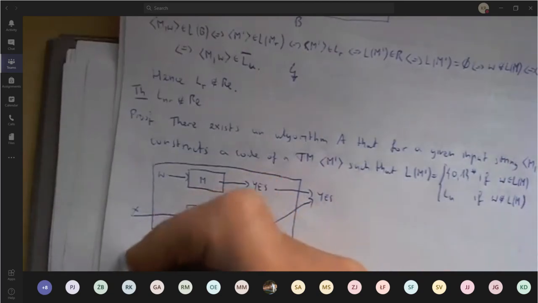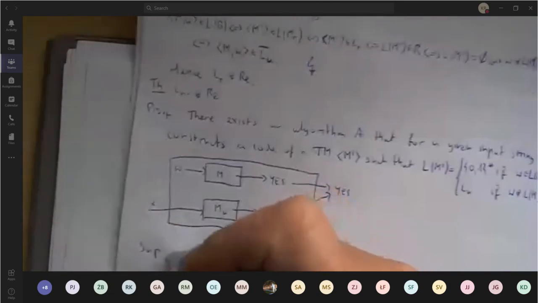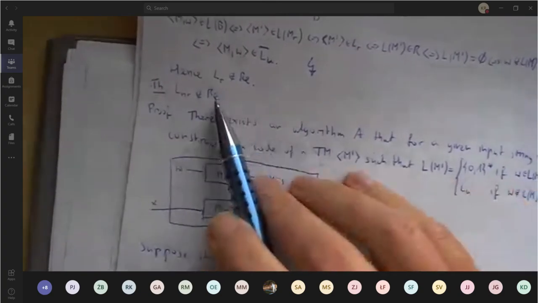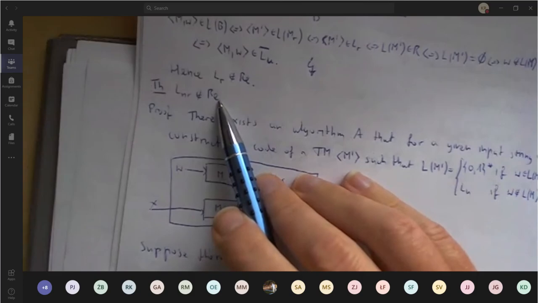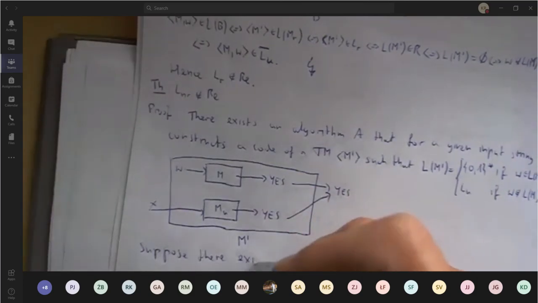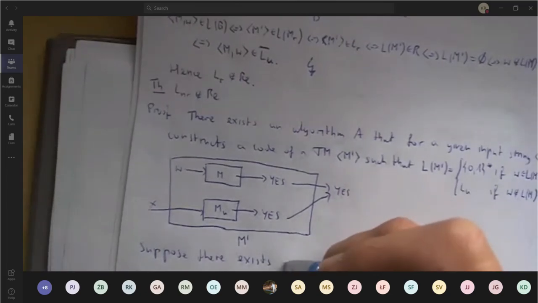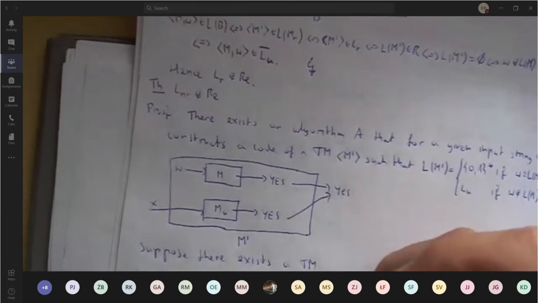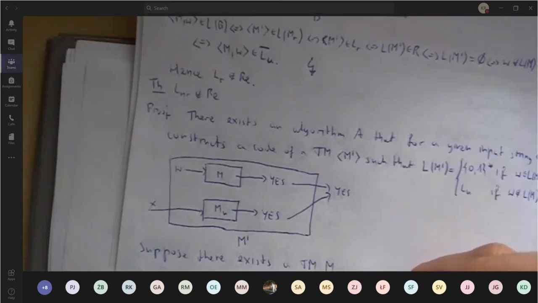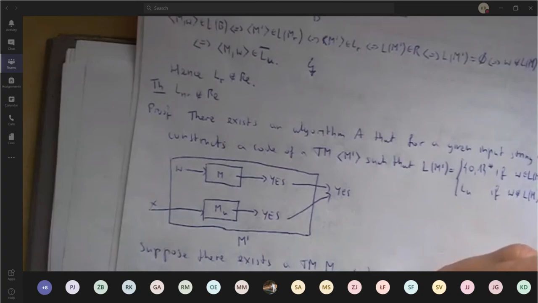And now suppose that this language is recursively enumerable, so there exists a Turing machine recognizing this language. I will call this Turing machine M and R, like the language.